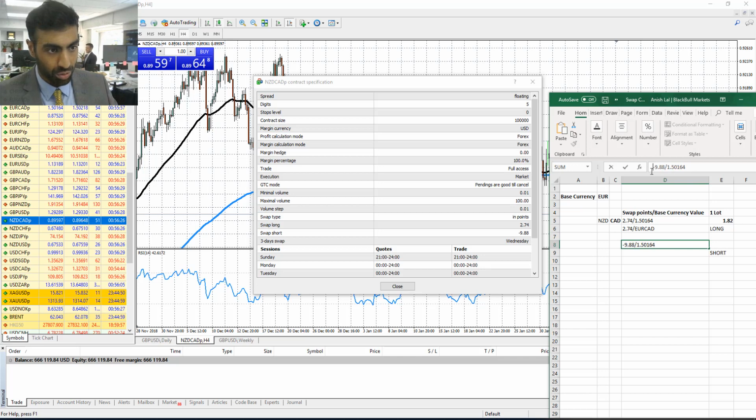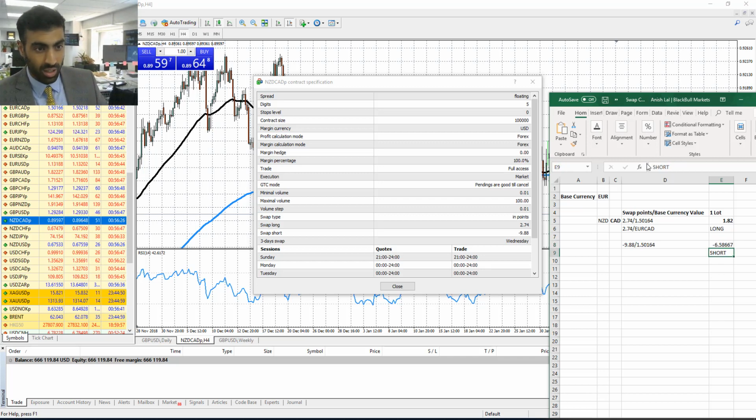That's the actual one, but let's just show the working: minus 9.88 divided by 1.50, say 50 for argument's sake, and that is how much you will be debited from your account for holding one lot short of Kiwi CAD overnight.